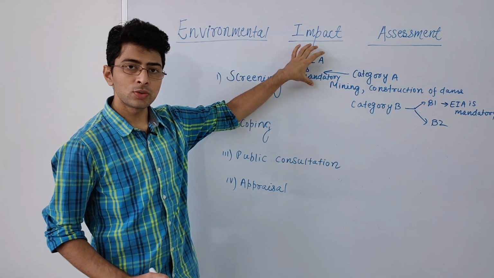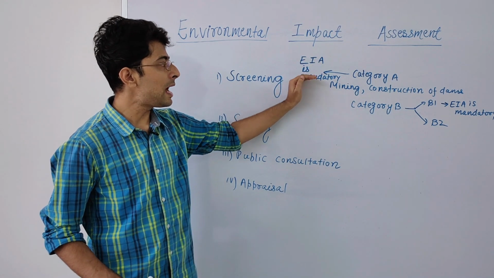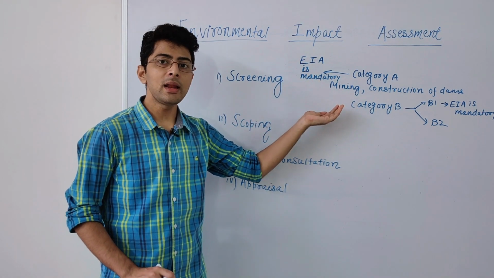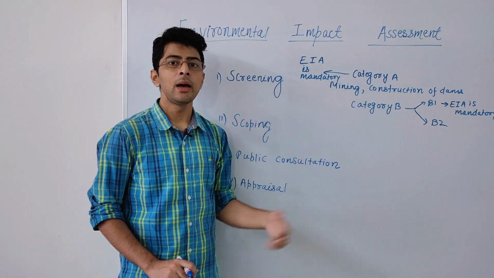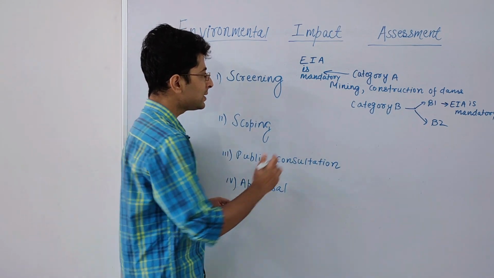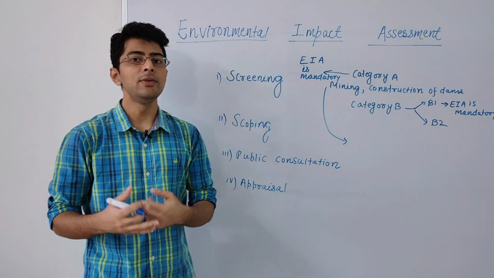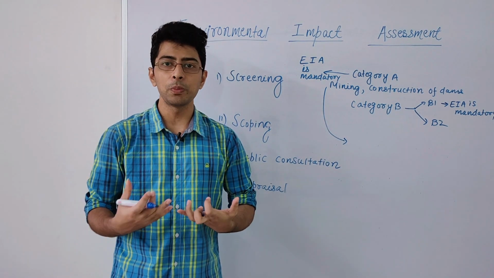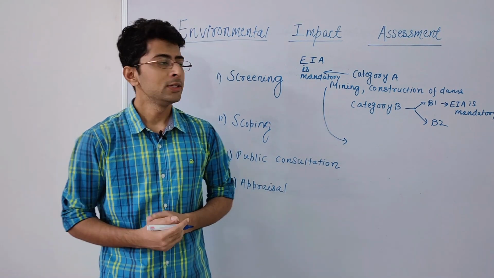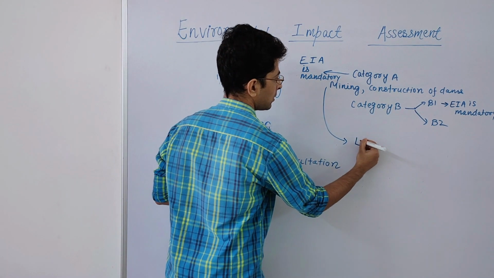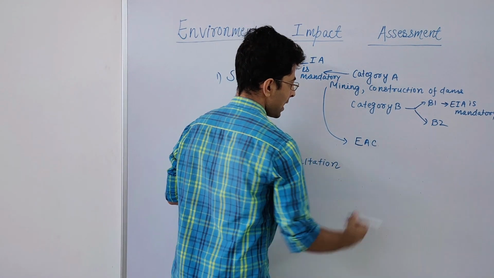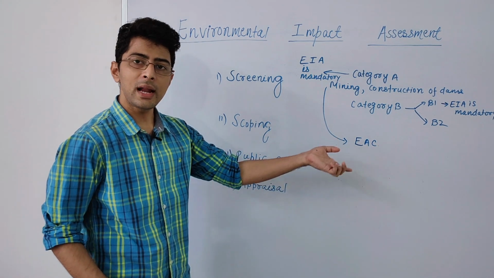Now there is again a difference. All the projects which are in category A will have to undergo environmental impact assessment and appraisal by EAC. EAC is a body which analyzes and appraises the environmental impact assessment report of any project, and it stands for Environmental Appraisal Committee.